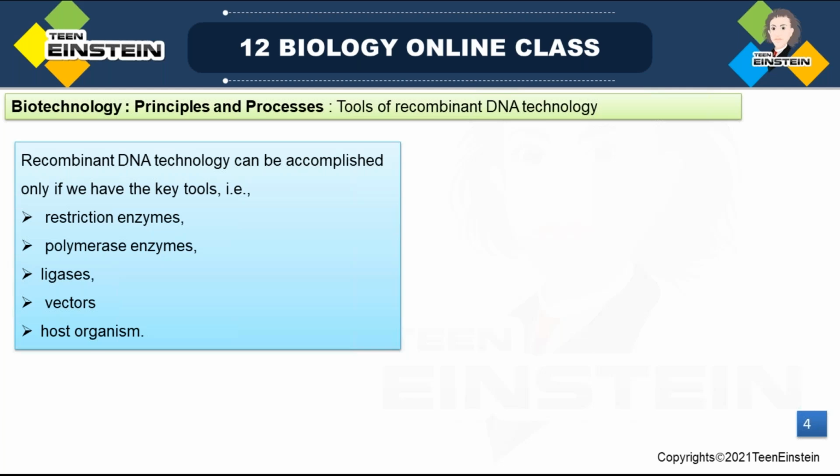Vectors are the carriers of the gene of interest, and they are very important in our DNA technology because we can't directly put this DNA fragment into a host cell or host genome. So vectors are the molecular carriers, and they carry the gene of interest into the host cell.